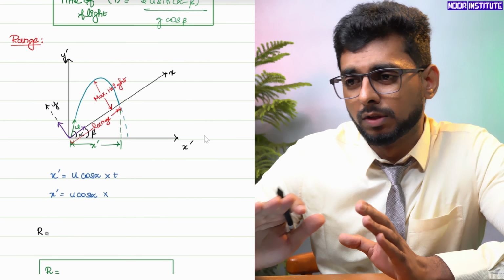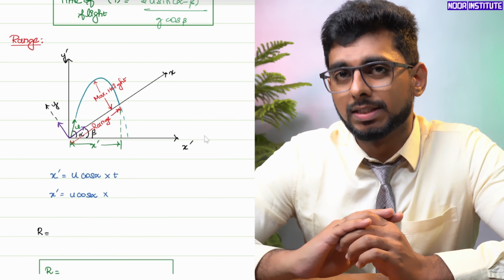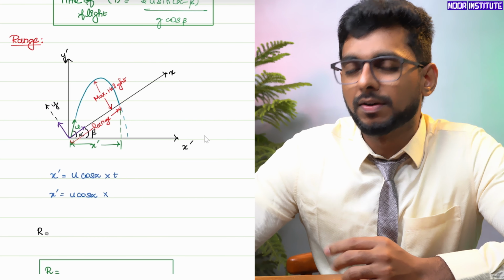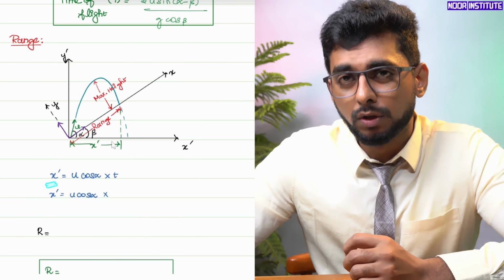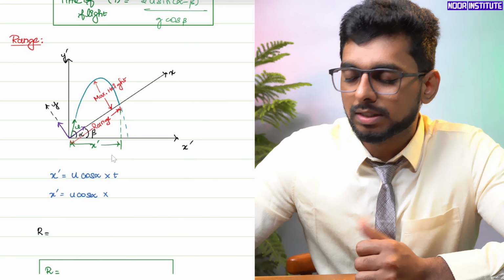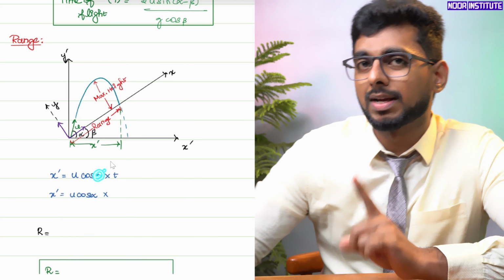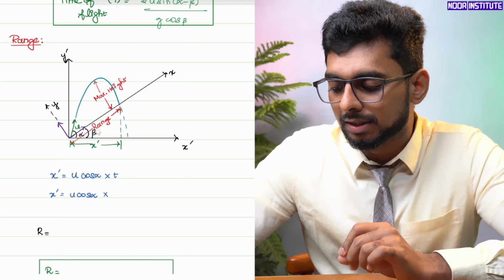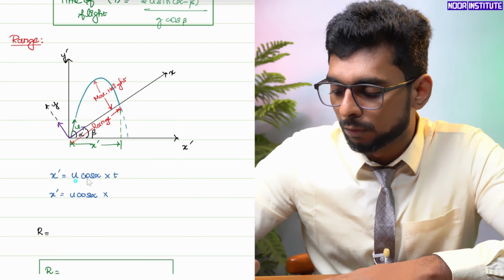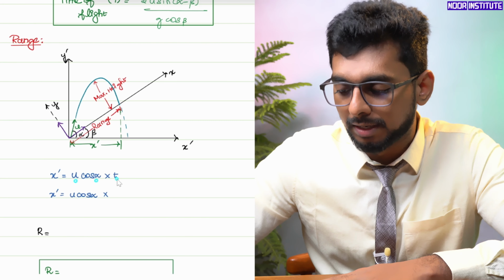Obviously with respect to the ground, the velocity is not going to change, right? This is something that we have already seen. In the previous situation, I used theta because that was the angle of throw, but here the angle of throw with respect to the ground was actually alpha. Therefore, I'll use u cosine alpha into time t, right?